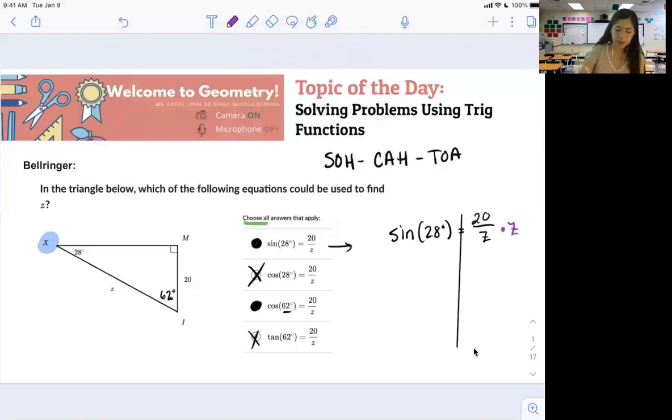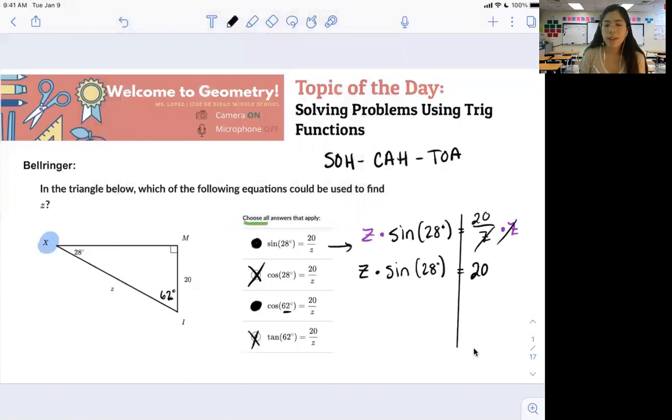So we're multiplying by z on both sides. That seems counterintuitive because usually you don't want to move the z around, but because it's in the denominator, you've got to multiply it out. So now I have z times the sine of 28 degrees equals 20.